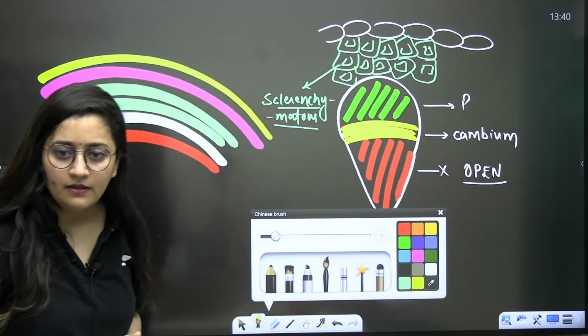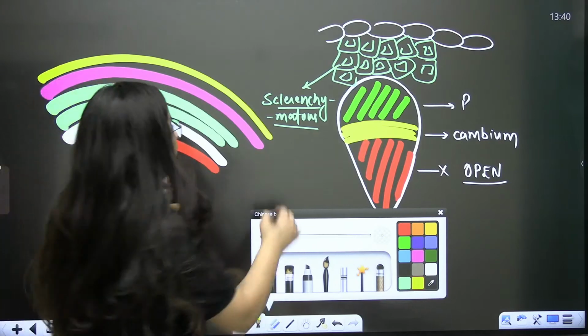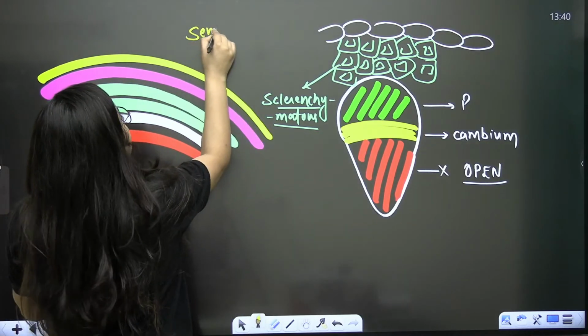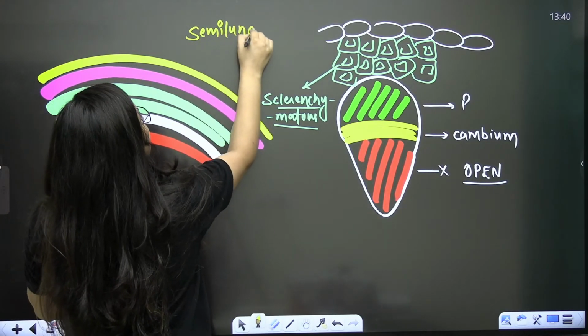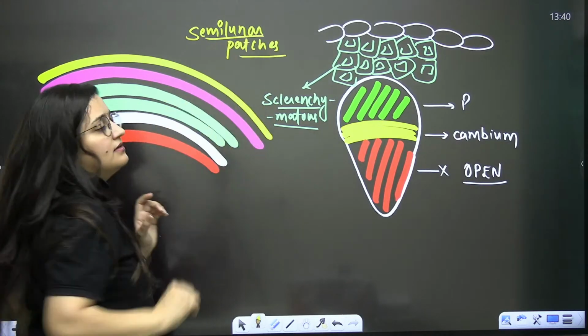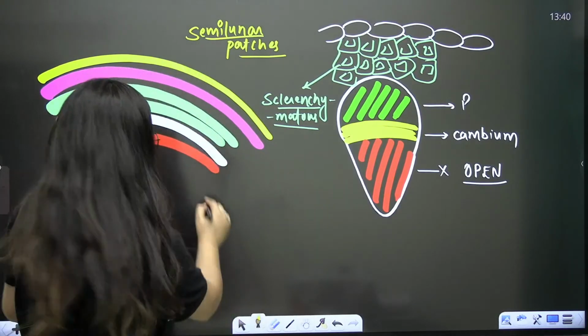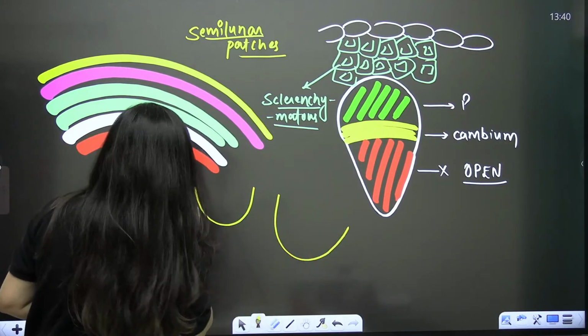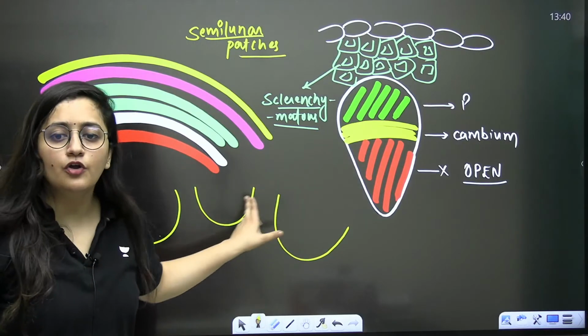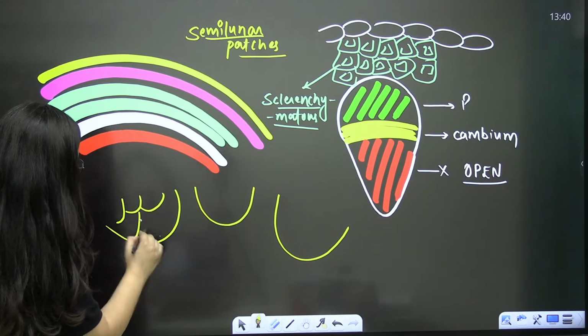Is it clear? If I talk about the NCERT, it is clearly written that semi-lunar sclerenchymatous patches are present in the pericycle. Semi-lunar, half moon, like this. That is how your pericycle is present.